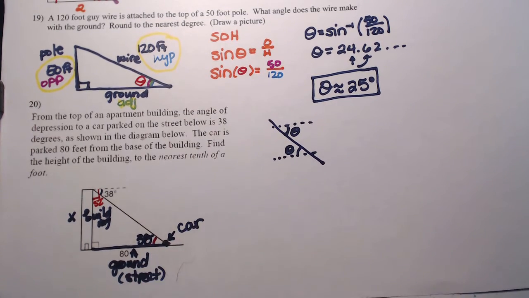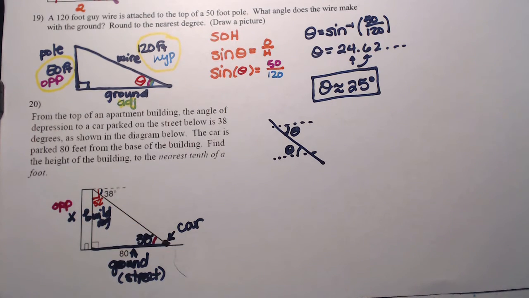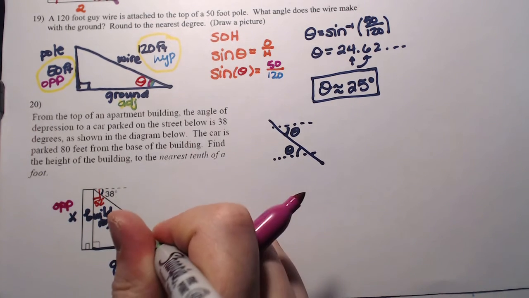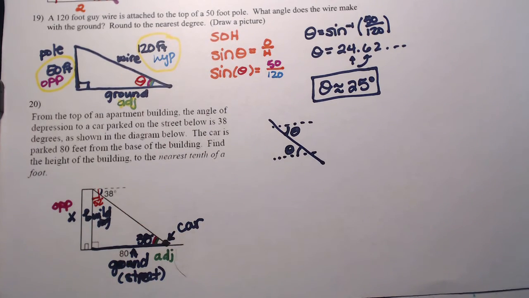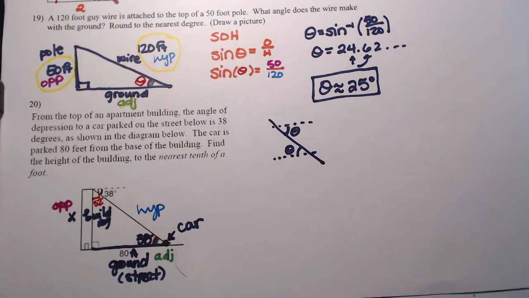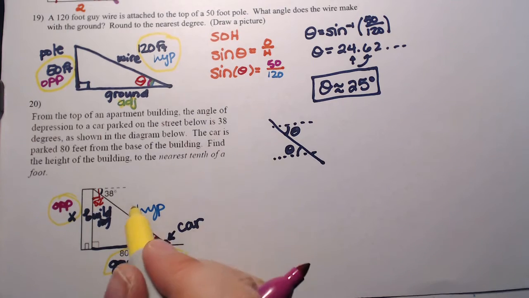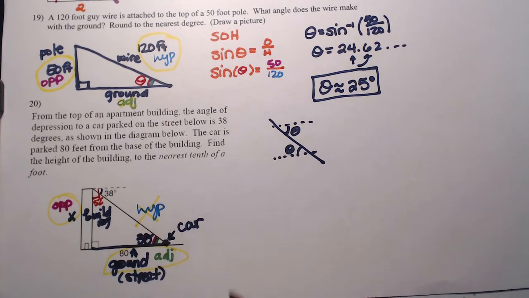So if this is my angle, this is the opposite side. In this angle, this is the adjacent side. And in both angles, this is the hypotenuse. Well, I want opposite. I have adjacent. I don't care about hypotenuse. So what trig function is that going to be? Opposite and adjacent.